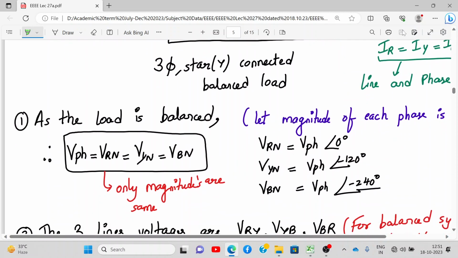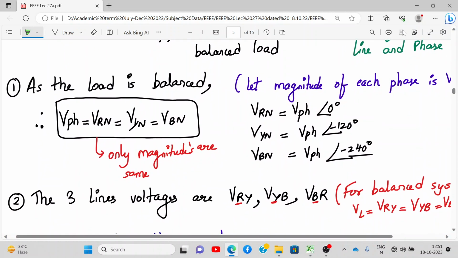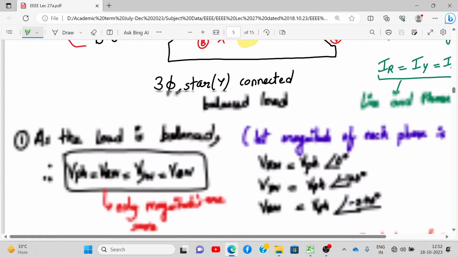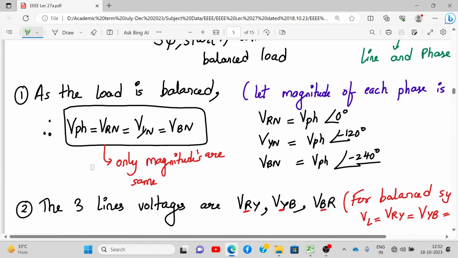Now, listen over here carefully. As the load is balanced, all the phase voltages are same. If the load is balanced, right, all the phase voltages are same. Meaning what? If all of them are Z phase, are equal, then VRN, VYN, and VBN are same, right? So let's call them all together as V phase.